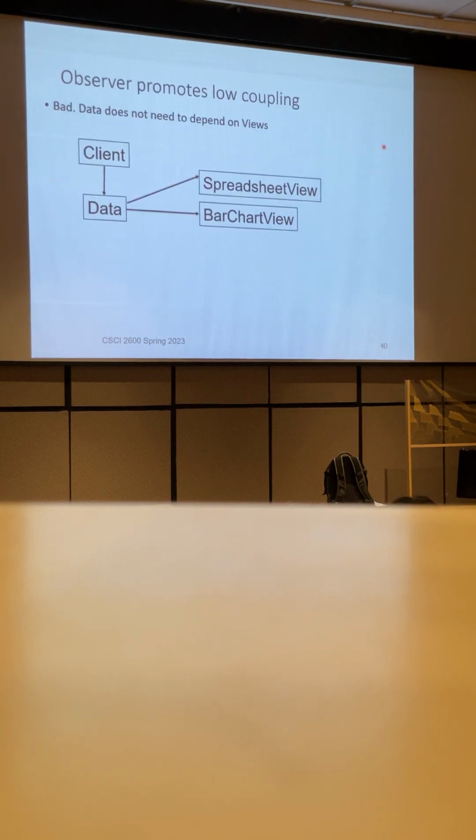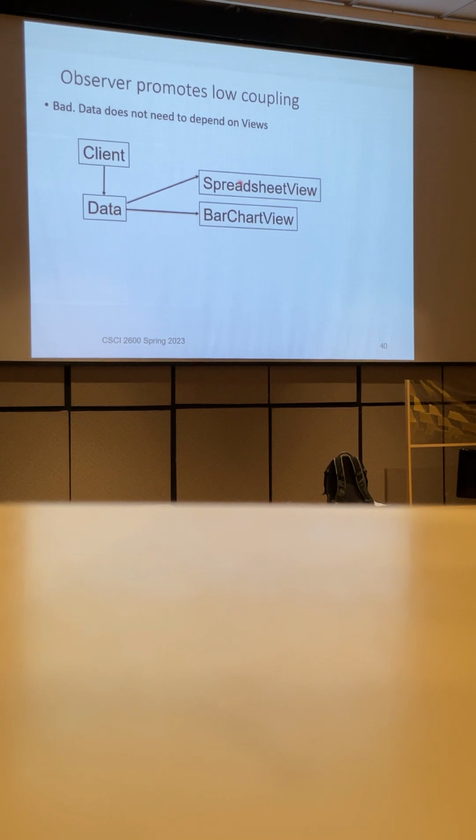Remember we had this design that we started with when we discussed the observer pattern. We have a client, which we discussed has become the controller. We have data, which is our model, and we have 2 views. But here views depend directly on the model, or put differently, data knows about the spreadsheet view and bar chart view.